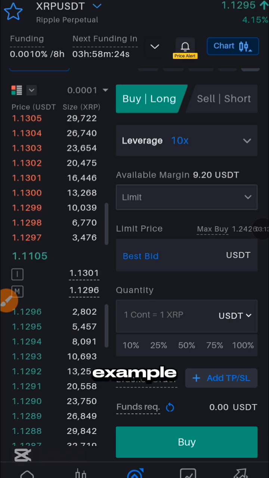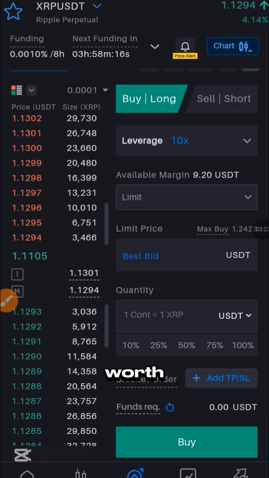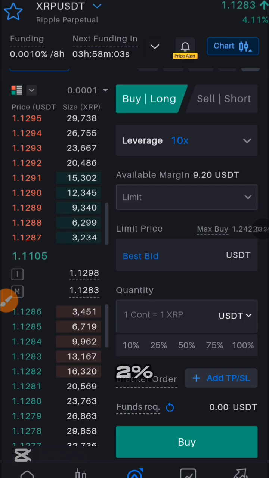Let's take for example, if you have $100 with 5x leverage, you control an amount worth $500, a purchasing power worth $500. If the market moves 2% in your favor, you make around 10% of your money. But if the market moves 2% against you, you lose around 10% of your money.